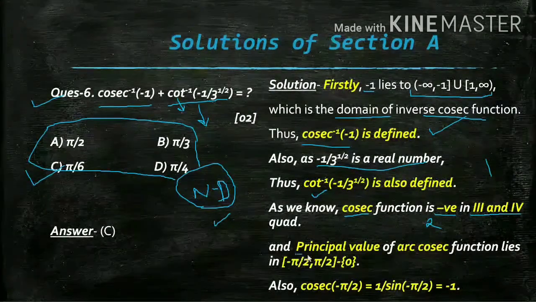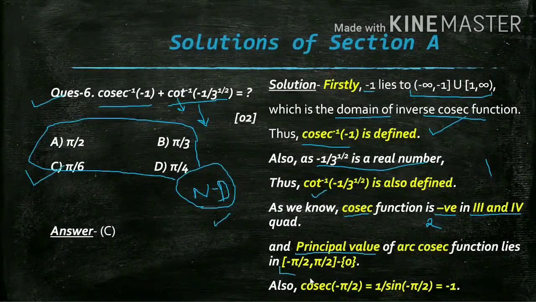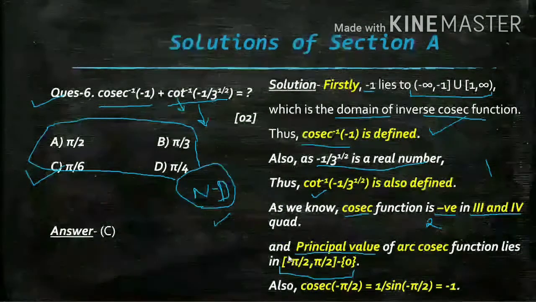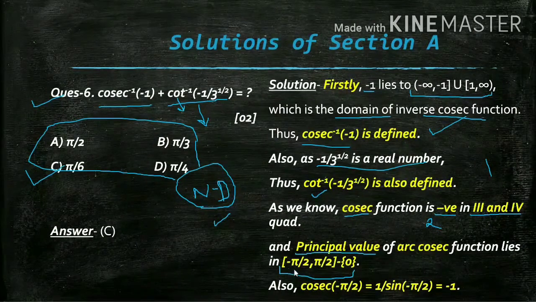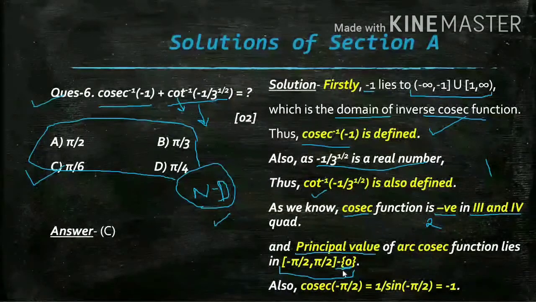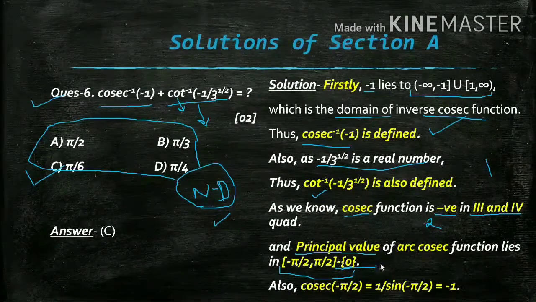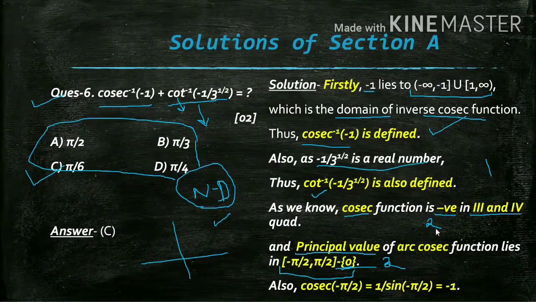Third, the principal value is same as sine, just excluding 0. That is the closed interval minus pi by 2 comma pi by 2, excluding 0. So the third step is also done. Now finally you just need to find the value. And now you know in which quadrant your angle should lie.